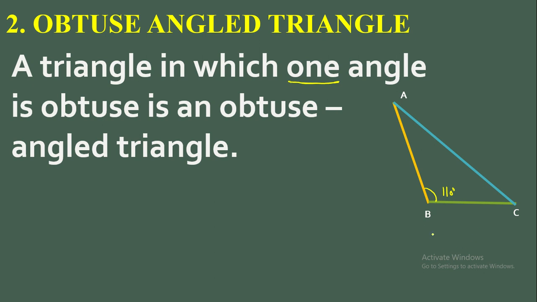So it's simple that if in a triangle only one angle is obtuse, then the triangle is known as an obtuse angled triangle, and the other two angles are always acute.